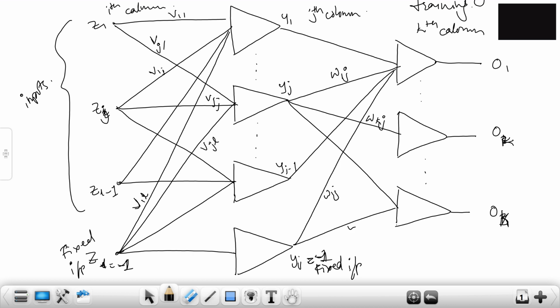You consider this is J again. WKJ, and so on. So basically, this is what you get. So this is going to be a multi-layer network. Please keep in mind there are other algorithms for single-layer networks, but this is a part of multi-layer neural networks: your generalized delta learning, or EBPTA.